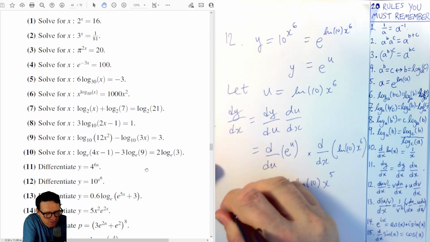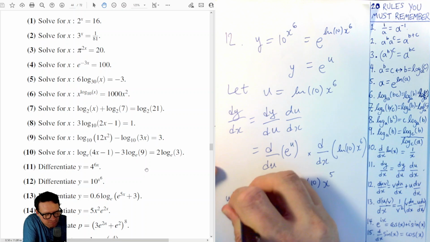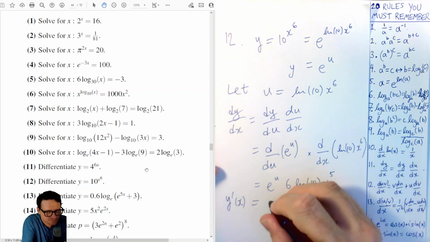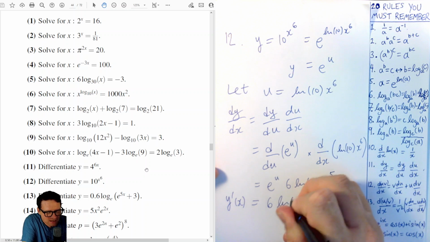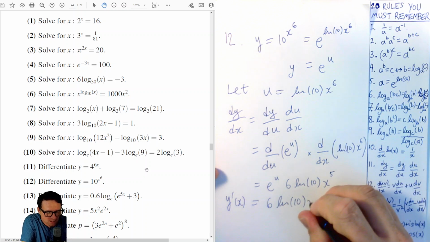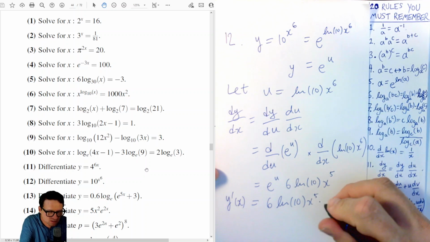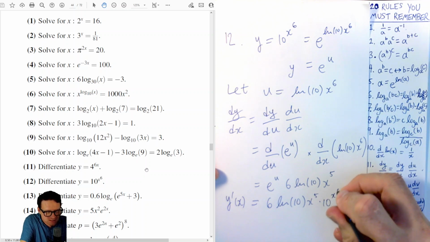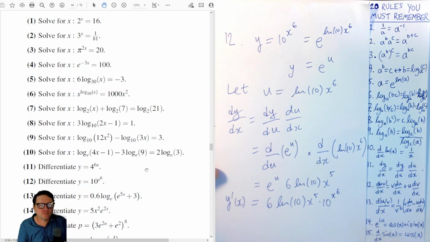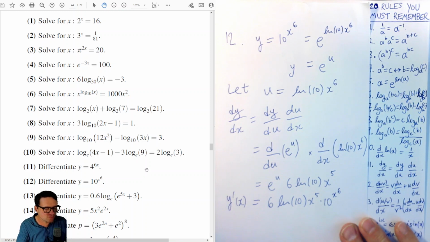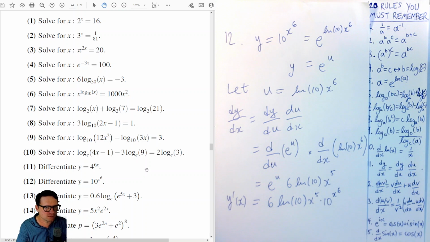So now let's change to Newton's notation. y dash of x is 6 ln 10 times x to the 5th, times, and I'll put a dot for the times, 10 to the power of x to the 6th. And we're done.